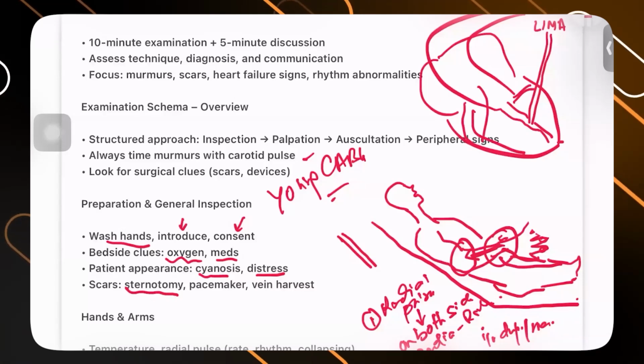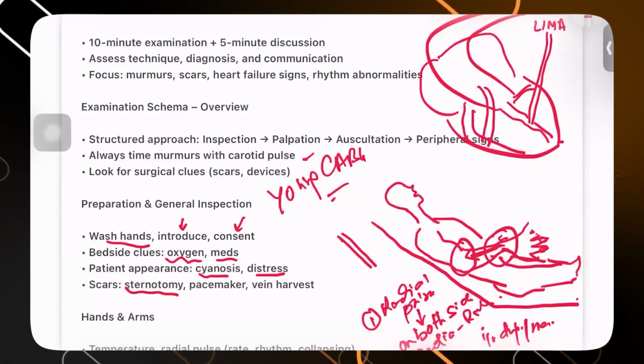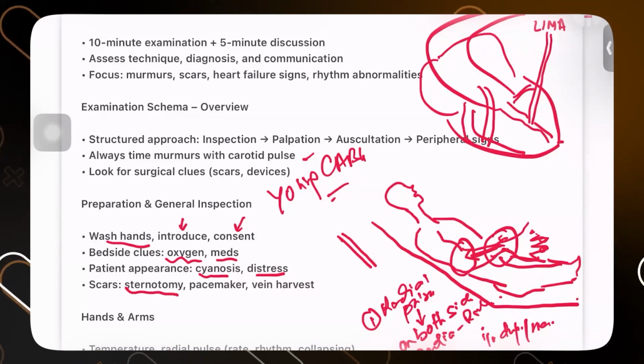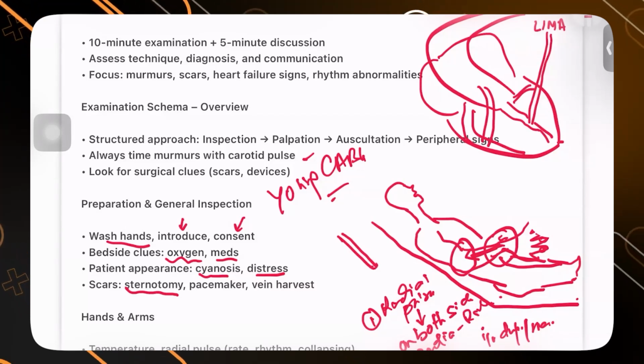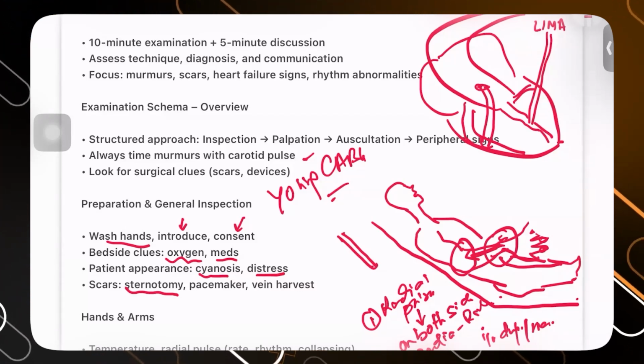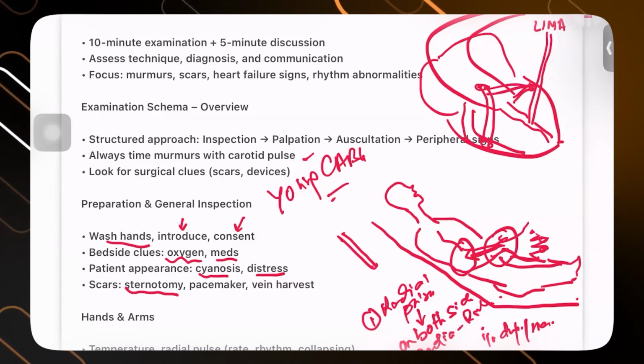Usually they are put like a venous graft. But in young people, good surgeons try to take a radial graft. That is a radial harvest. You harvest the radial artery from here, and then you put one end into the aorta and the other end into the RCA or circumflex. Is that clear? Radial harvest.